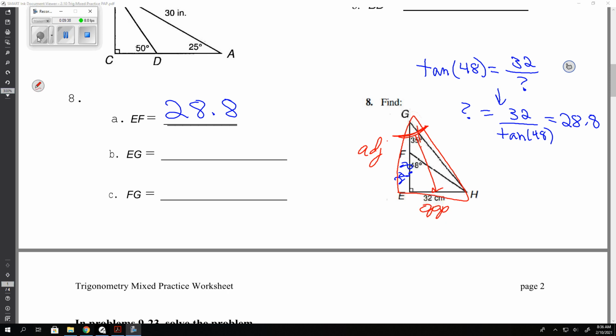And so again, tangent of 35 this time. And it's opposite, 32, over the adjacent. Alright?